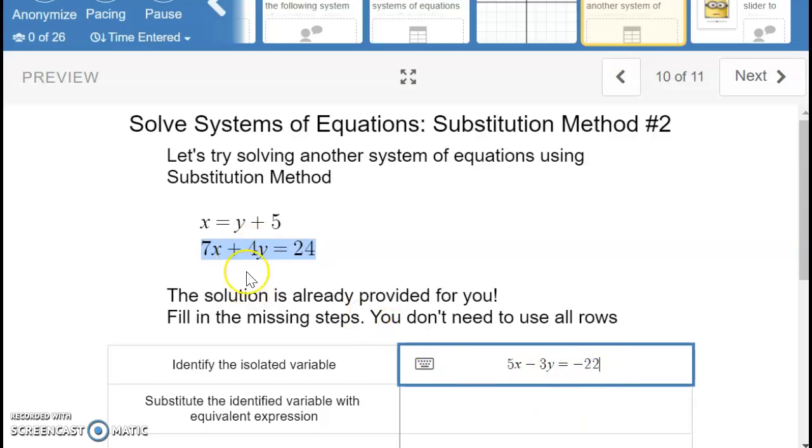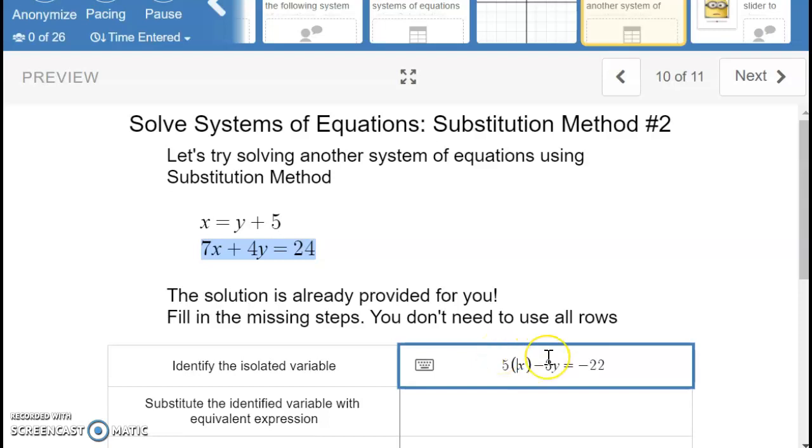Alright, so whenever I see an x, because x has the same value as y plus 5, I am going to put y plus 5. That's the value I have for x. x is always going to have the same value as y plus 5, and notice I'm putting it in parentheses so that I know that x is this whole thing. It's not just y, it's not just 5, but it's y plus 5.